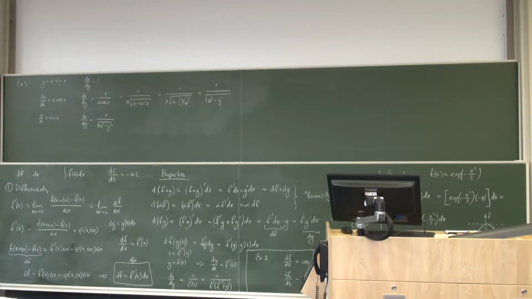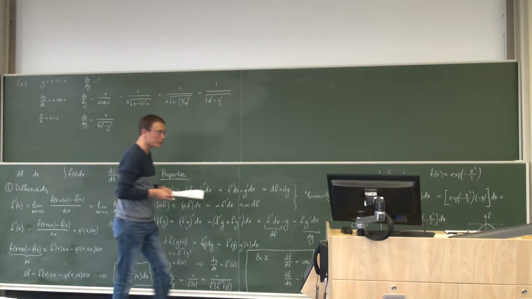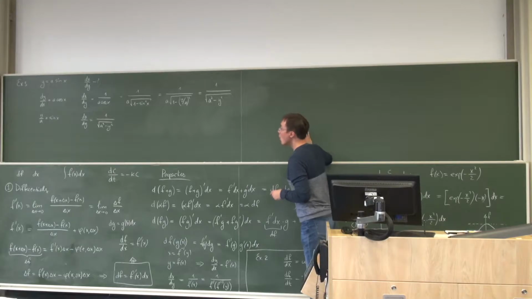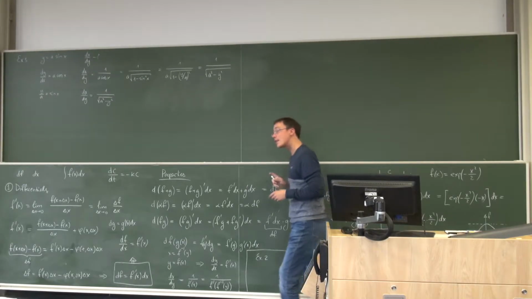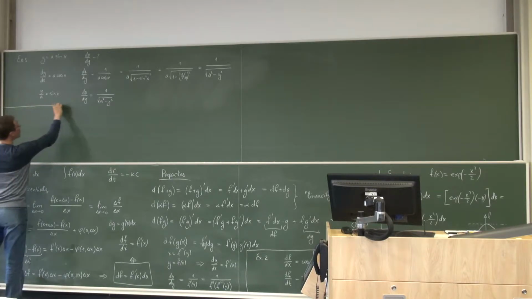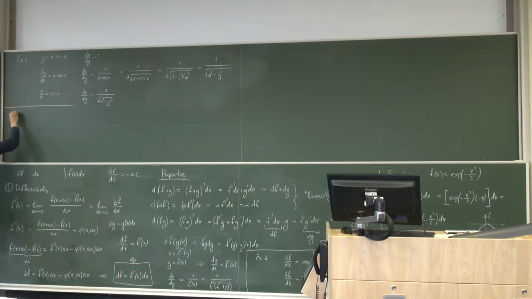Okay, so this is for univariate expressions, when the function depends on only one variable. What happens when we have multiple variables? So item 3 on the agenda is differentials of multivariate functions.